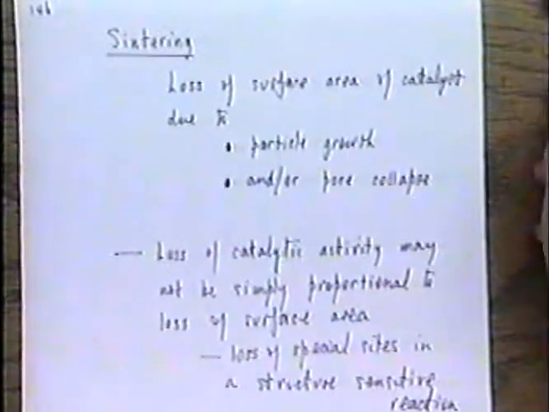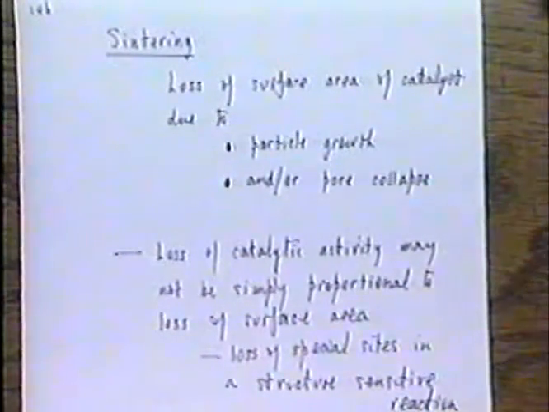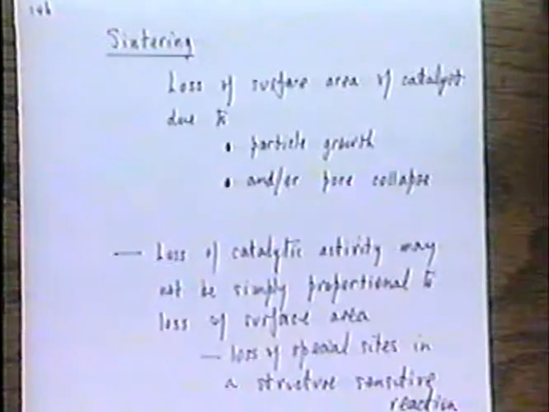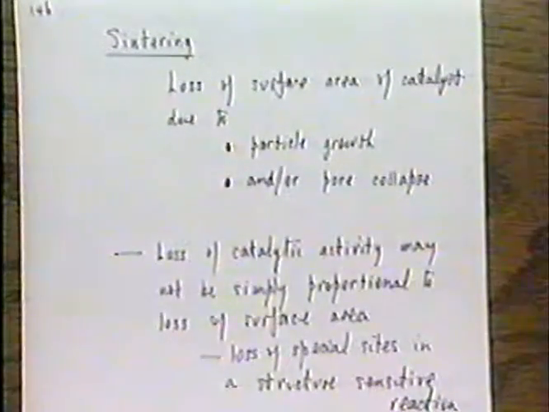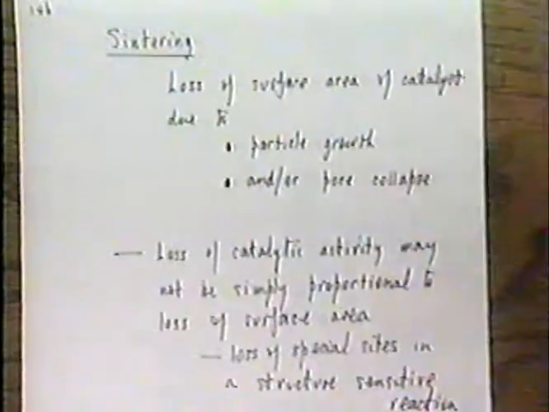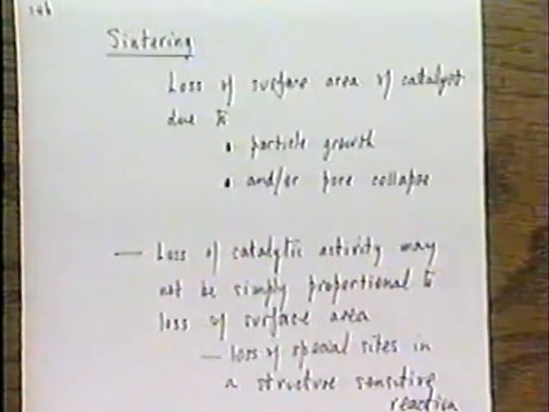A typical example, which I'm sure you must be familiar with, of sintering of finely divided catalysts is in finely divided metallic catalyst, which if used at high temperatures undergoes particle growth by surface diffusion.